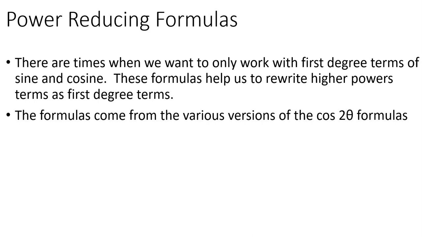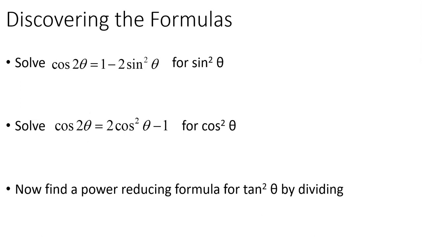So if you go back to those cosine 2 theta formulas and you try solving for other variables, look at the first one. I've got the cosine of 2 theta equals 1 minus 2 sine squared theta. If you solve that for sine squared, you would do what? You would subtract a 1 from both sides, and so you'd get cosine of 2 theta minus 1 equals negative 2 sine squared theta.